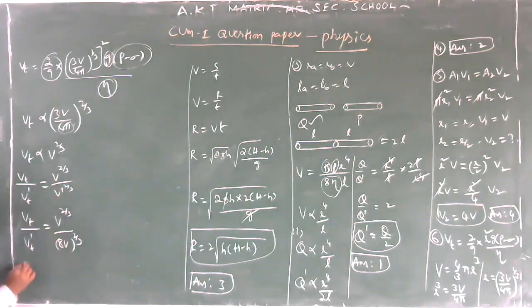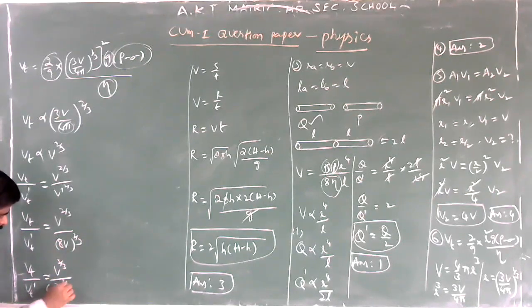Or Vt by Vt dash is equal to V power of 2 by 3 divided by 8V whole power of 2 by 3. How can 8 be written as 2 cube whole power of 2 by 3, V power of 2 by 3. V power of 2 by 3 gets cancelled.